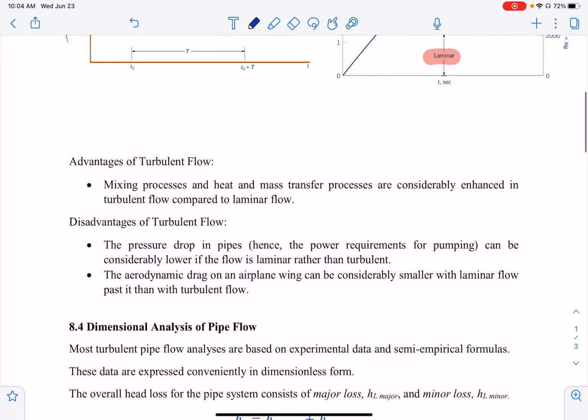But there are also some disadvantages of turbulent flow. For example, it increases the drag, so it is not good for the aerodynamic aspect. And also we need more power and energy in turbulent flow.